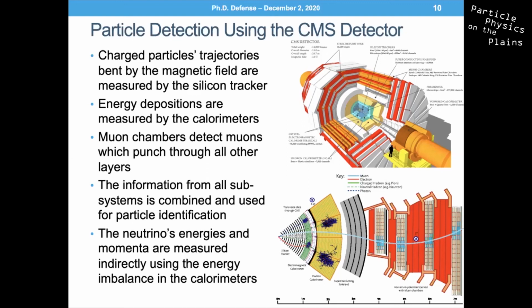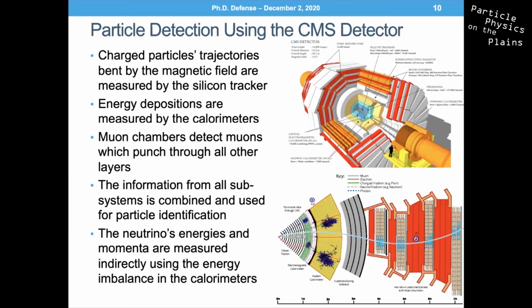The way the whole system works is that all of these subsystems combine their information to identify what kind of particle you have. For example, the electron here is shown in red. You've got a bent track inside the tracker, and then an energy deposition in the ECAL. These two systems communicate with each other, they combine information, and you can use the information from the two systems to identify that this is an electron.